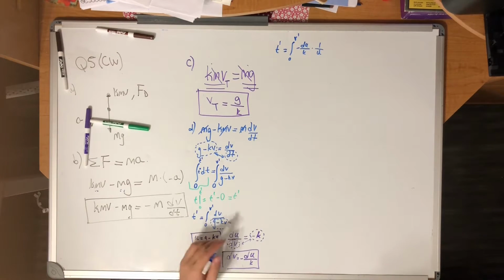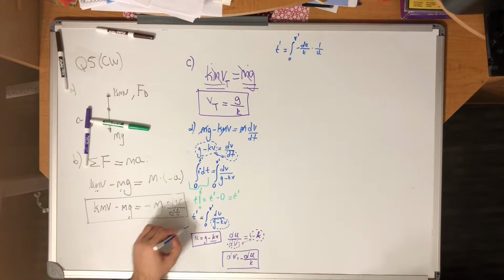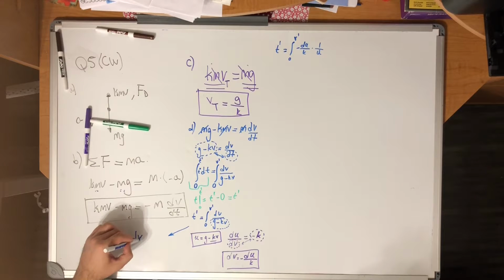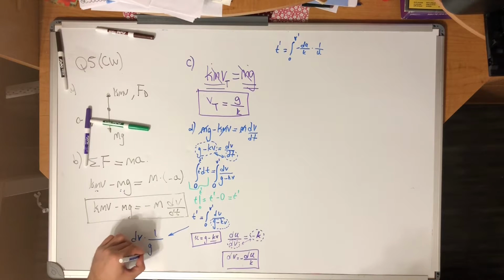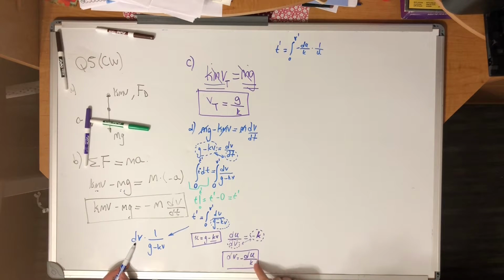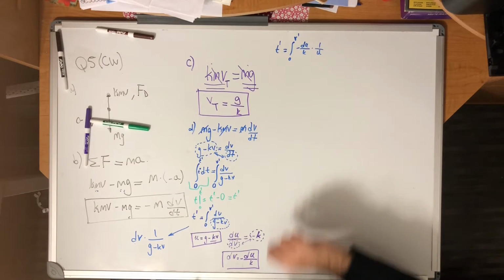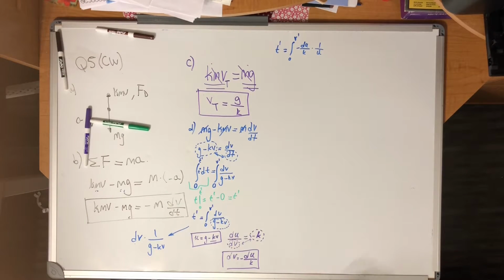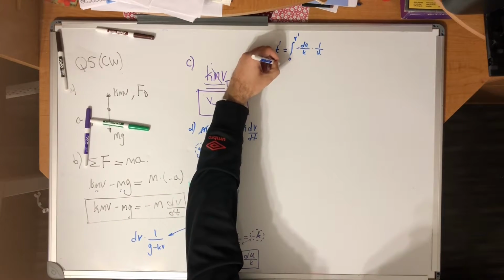Again, that's just separating this as dv times 1 over g minus kv. That's what I did right there. So I have replaced dv with negative du over k, and I have replaced 1 over g minus kv with 1 over u. And now I can multiply this function, and then what am I going to get?